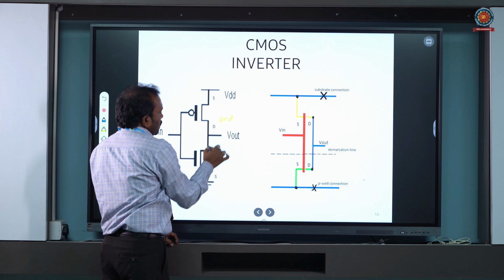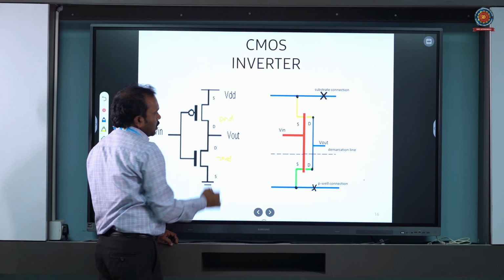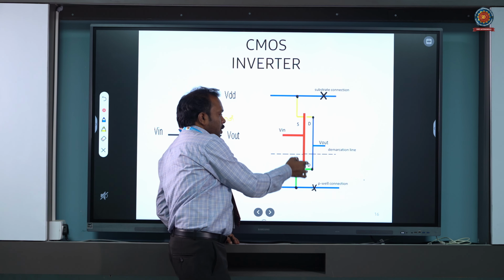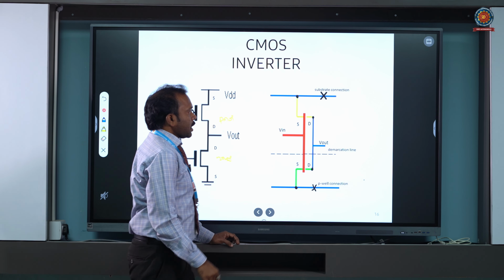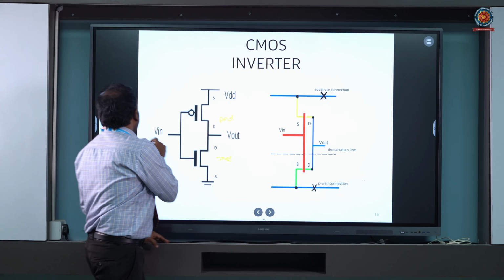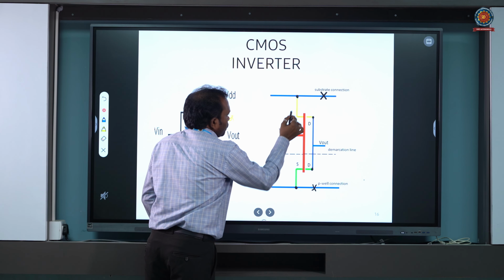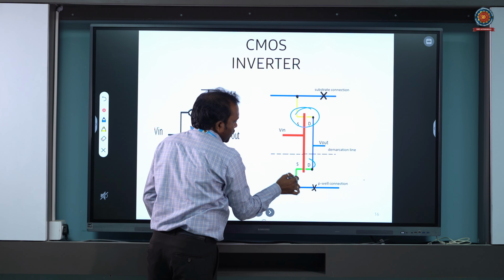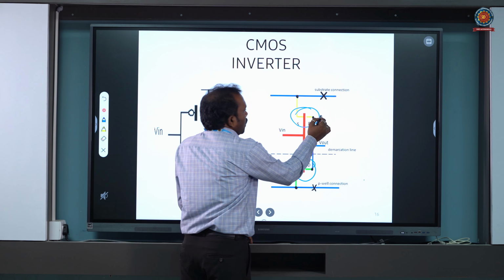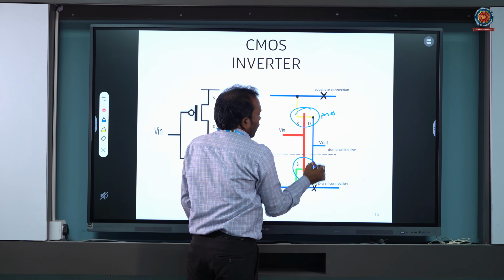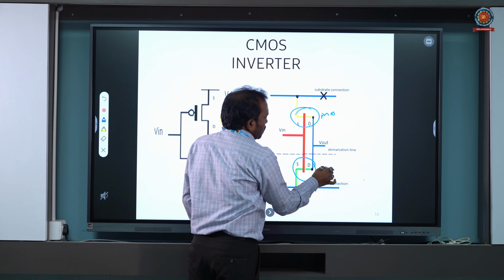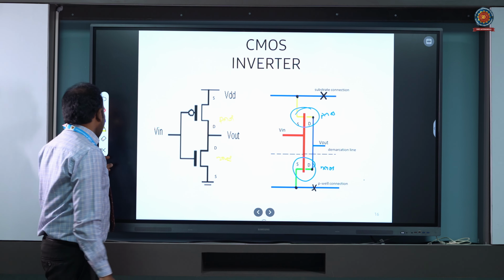As I said, red over green and red over yellow will form a transistor. This is PMOS and this is NMOS. So this is how we represent it.